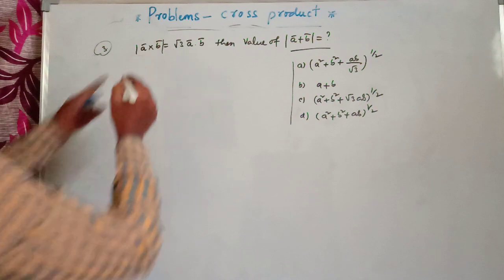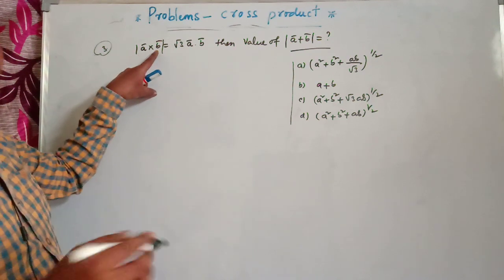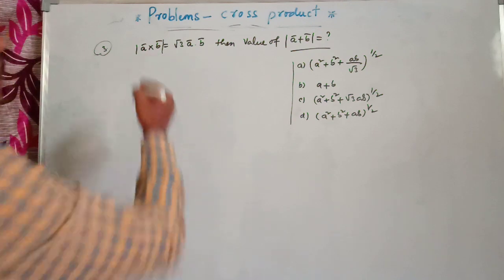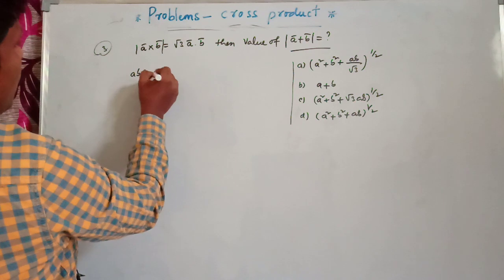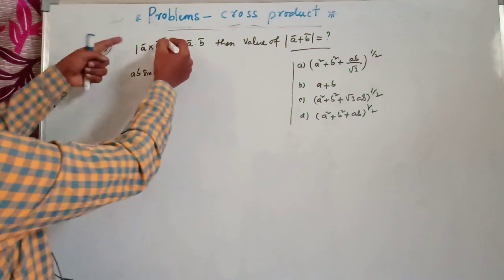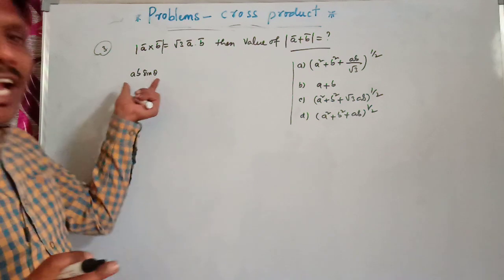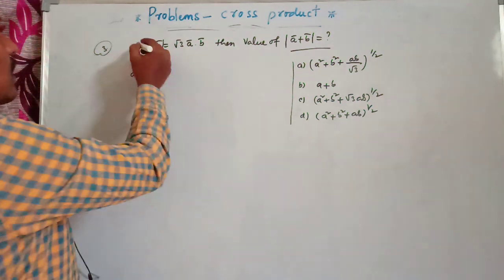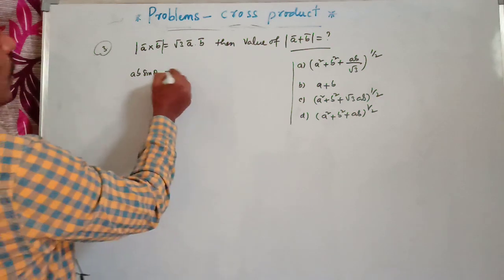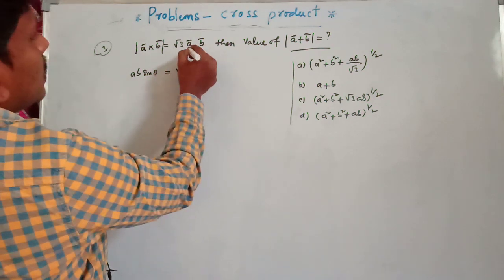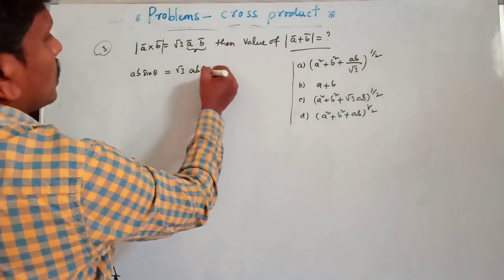So this is mod. The cross product of two vectors gives a vector only, which we can write as AB sin theta into n cap. Since it is mod, we should not take the direction, we have to take the magnitude only, that is AB sin theta, equal to root 3 times A bar dot B bar, that is AB cos theta.